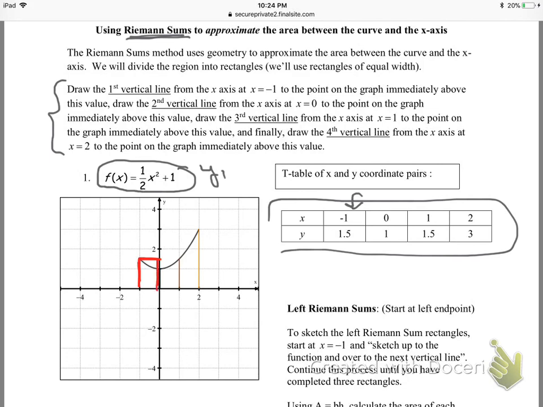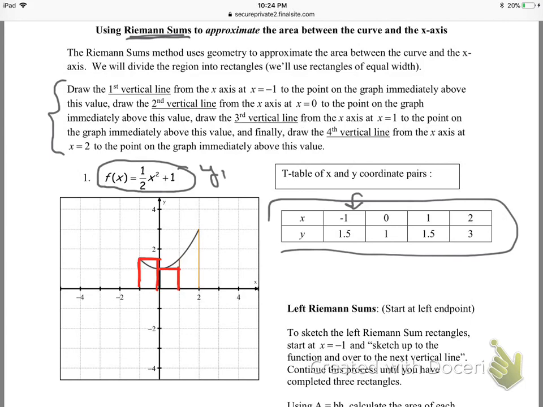That's my first rectangle. I then do my second rectangle. I start at 0, I come up to the function, and I go horizontally across, and I come back down. That's my second rectangle. We're going to use 3 rectangles to estimate the area under this curve.